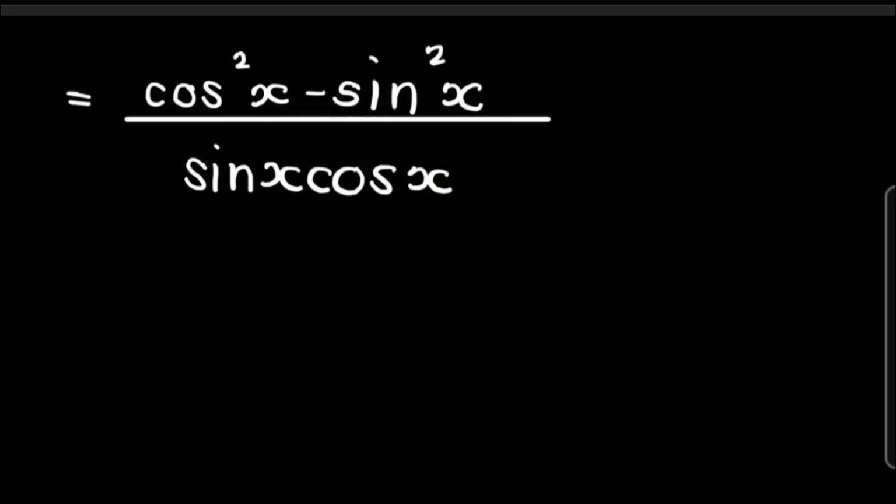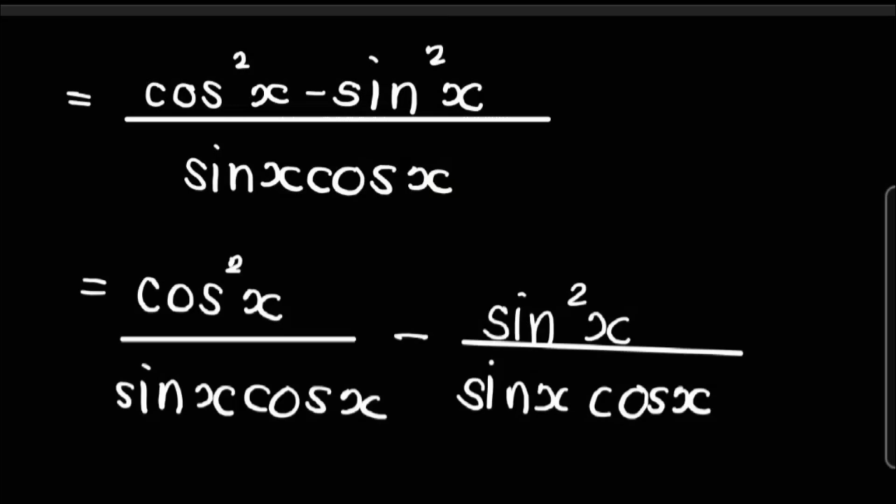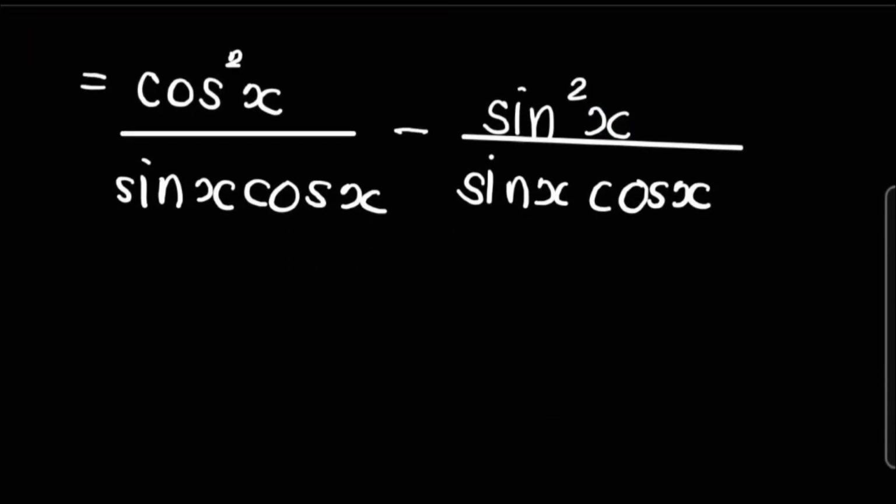You know that with fractions, if you have more than one term in your numerator, you can split the fraction up, where you share the denominator with each term in the numerator. So doing so, this is what we have: cos squared x over the denominator minus sine squared x over the denominator. And when we've separated it like this, we notice something important.